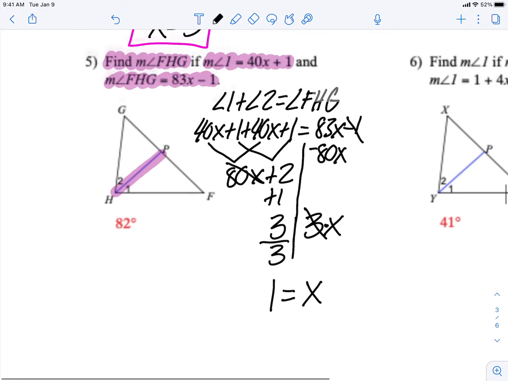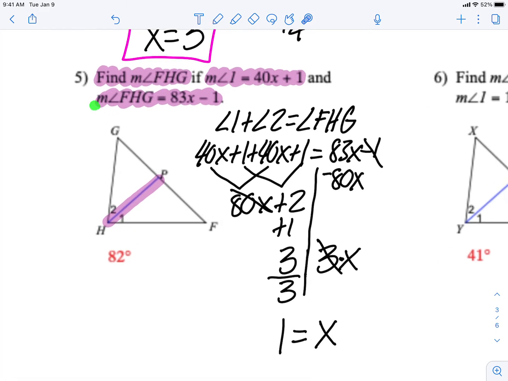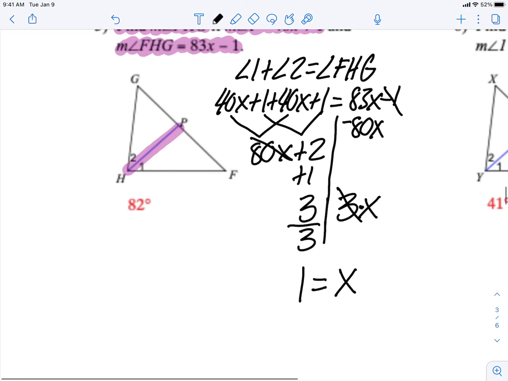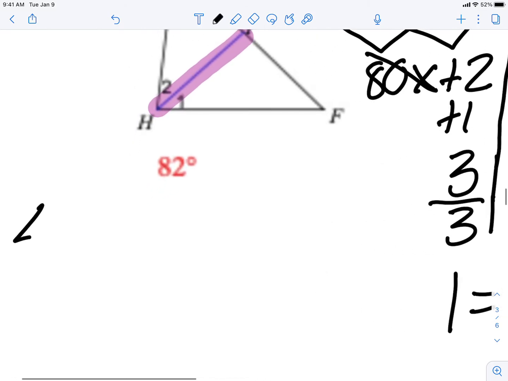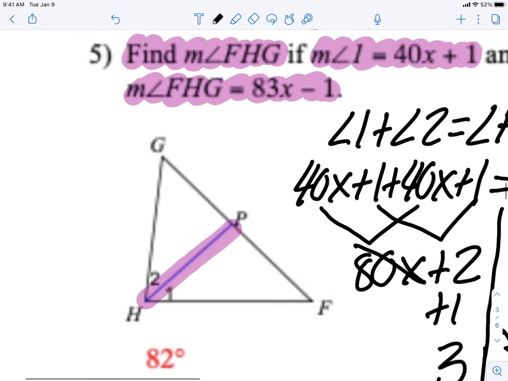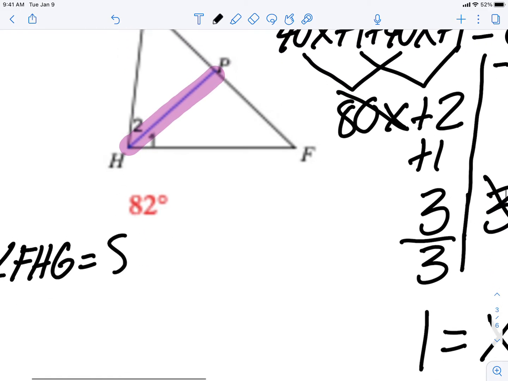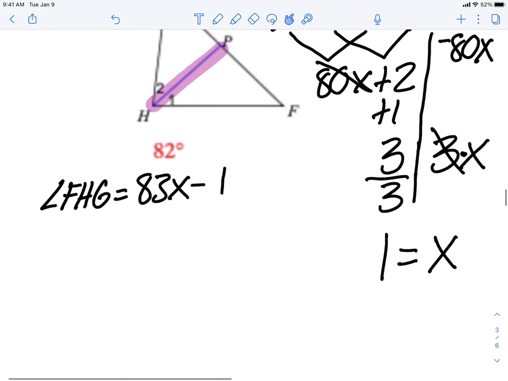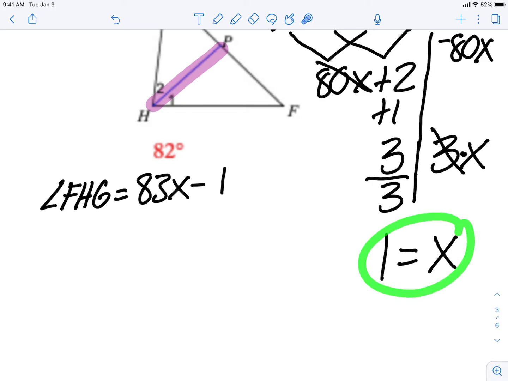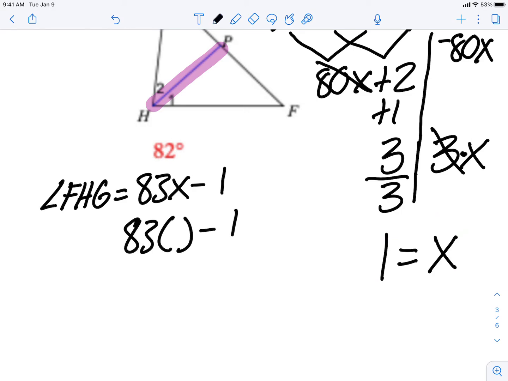And is this my final answer, everybody? No, it says find FHG. So angle FHG is equal to 83x minus 1. But I know that x is equal to 1, so that is going to go in there. So I'm going to write 83 parentheses minus 1.